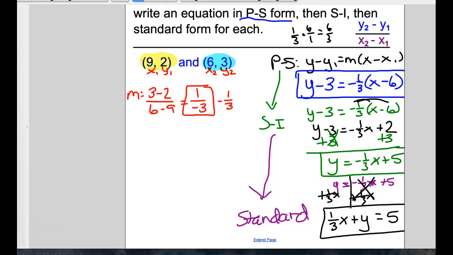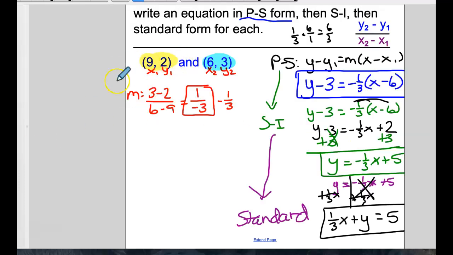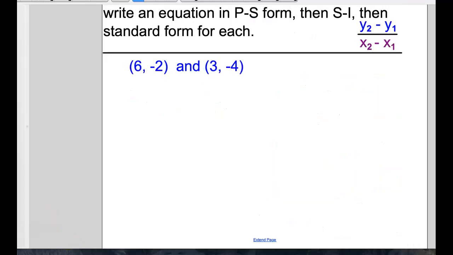So what I would like you guys to do is I want you to do this one. I want you to write down the given information, and then do the exact same thing as here. First calculate the slope, then write the point slope. Remember, you could use either point and it doesn't matter, we'll get to the same final results. And then turn it into slope-intercept, and then turn it back into standard form. So I want you to write the two ordered pairs down, right?